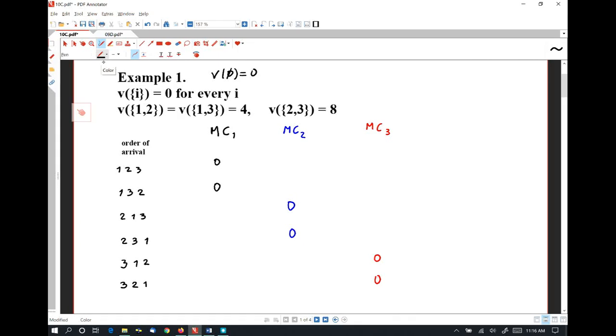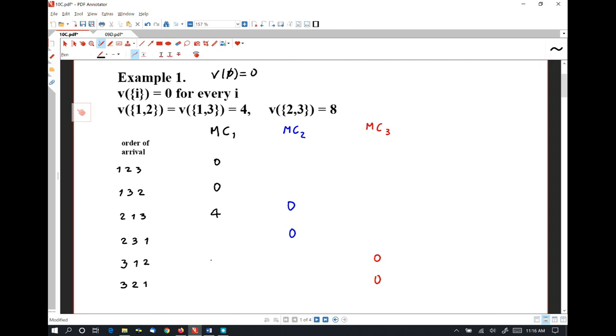If player 1 comes after player 2, then when player 2 is in there, the value is 0, and then player 1 comes and the value becomes 4. So the marginal contribution of player 1 is 4. Let's skip to 3, 1, 2.